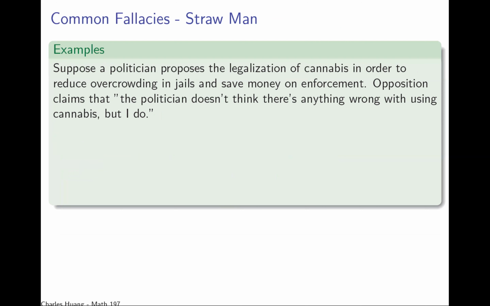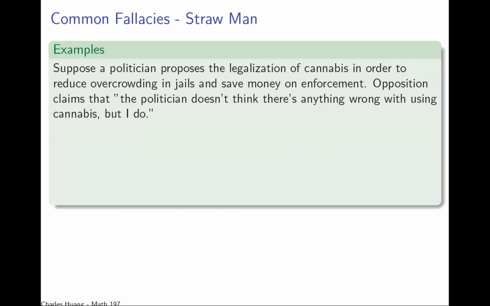The next type of fallacy is called strawman. And in strawman, suppose if we look at the example here, suppose a politician wants to legalize cannabis, legalize marijuana.